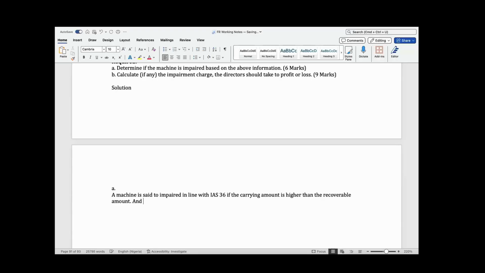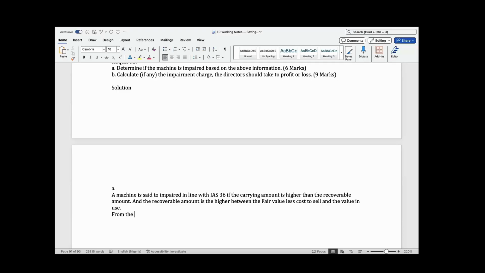And the recoverable amount is the higher between the fair value less cost to sell and the value in use.